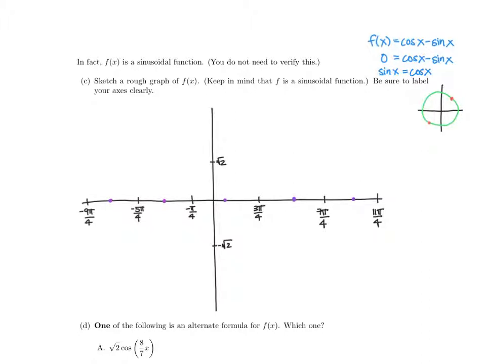So as we have already deduced, 7 pi over 4 plus any integer multiple of 2 pi, those are the maxes. The 3 pi over 4 and any integer multiple of 2 pi, those are the mins. When we connect everything together, what do we get?